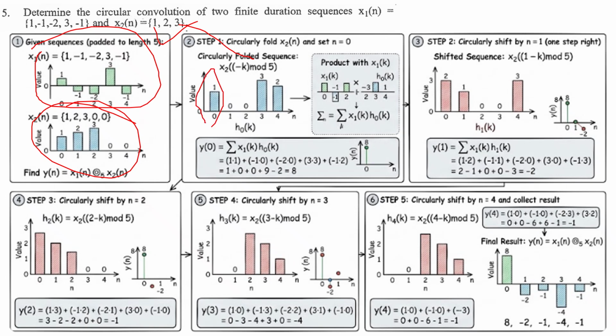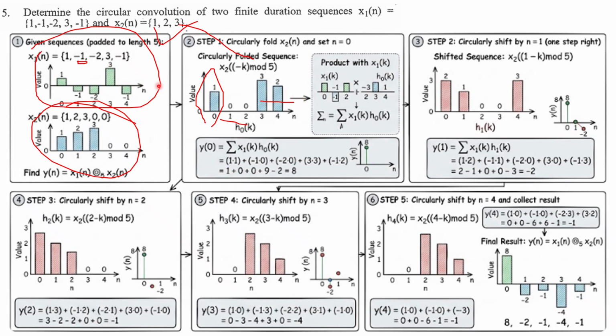In that case, one is there, and then the remaining will be at 3 and 4, and 2 and 3 will be at 1, and 1 and 2 will be 0. If you multiply like this, 1 into 1 will be 1, and then here it is minus 1, so I will multiply minus 1 into 0, so this is 0, then minus 2 and here 0, so 0, and then here 3, and this time you have 3, so multiply like that, then again minus 1 and then 2.